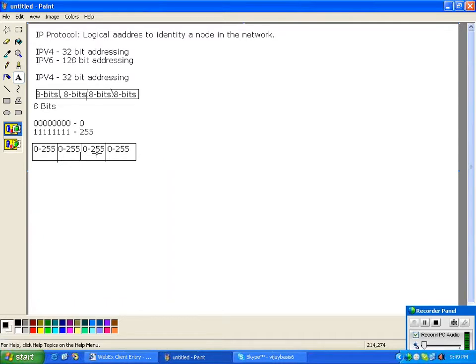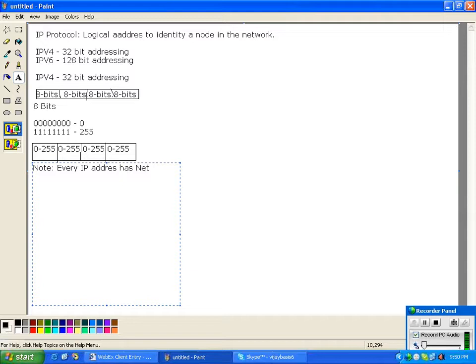Before I go to class A, I just want to note that every IP address has a net ID and a host ID.